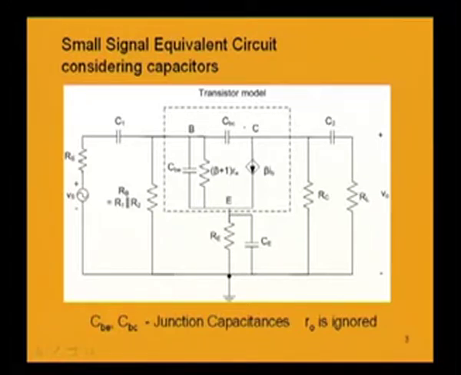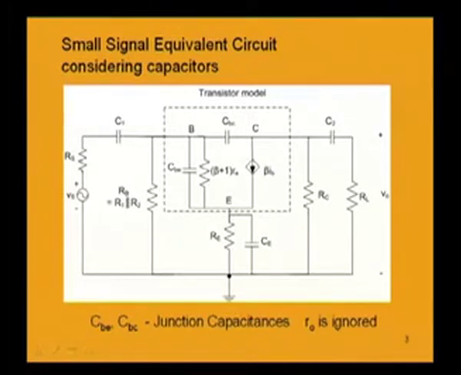Taking this into account, and considering all the capacitances present in the amplifier circuit, that means the coupling capacitors as well as the emitter bypass capacitor, the whole amplifier circuit will be like this.